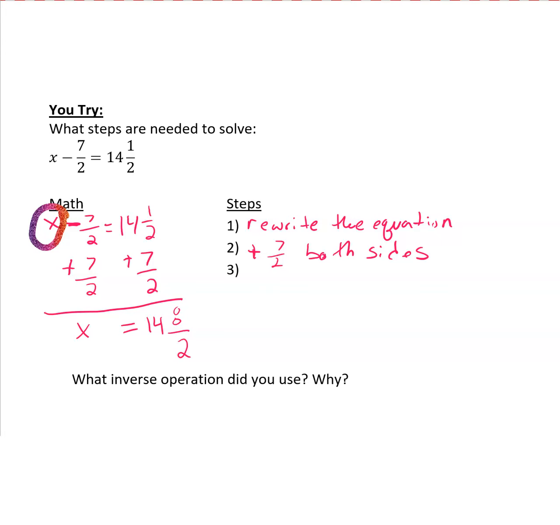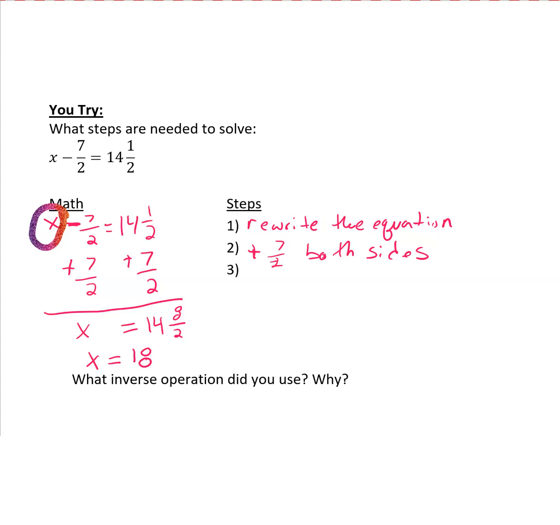Well, what does 8 divided by 2 equal? Let me write this a little bit smaller. There. So now I can say that x equals 14 plus 8/2. But what is 8/2? 8/2 is the same as 4. So we could also write this as 14 plus 4, or because we're in middle school, we know that 14 plus 4 is 18.